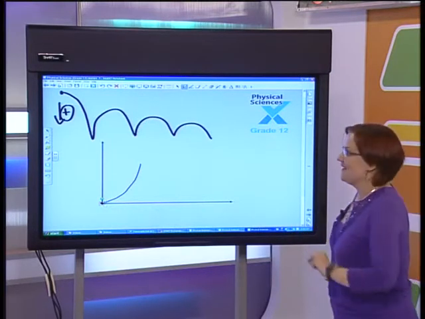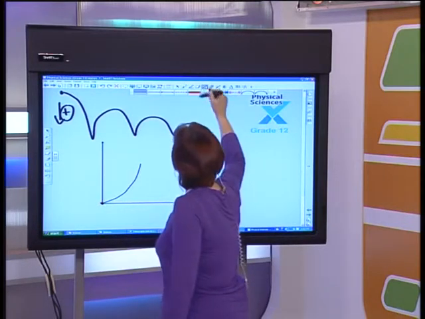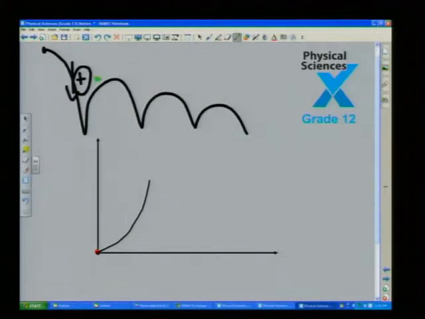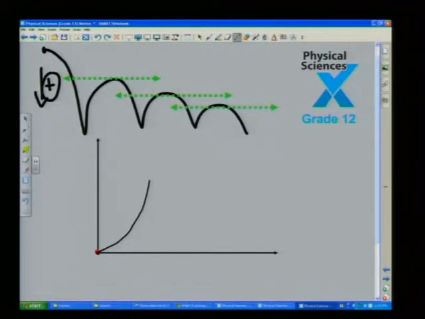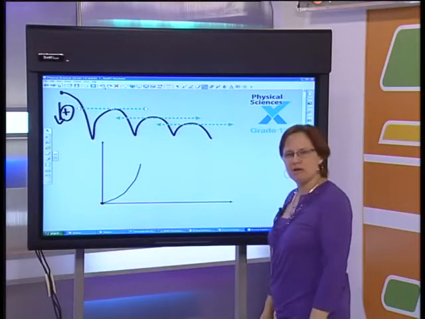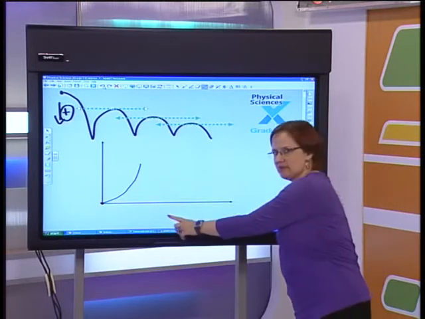Now let's remember, and I want a dotted line. There's where it stops. Do you see that every time it gets to the top of its motion, it's actually below where it started, which means it has displacement.